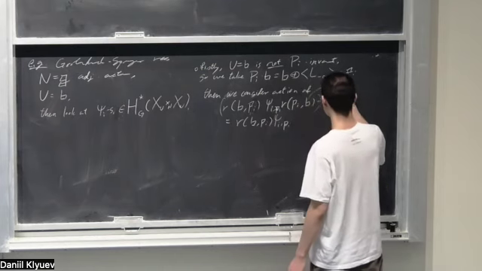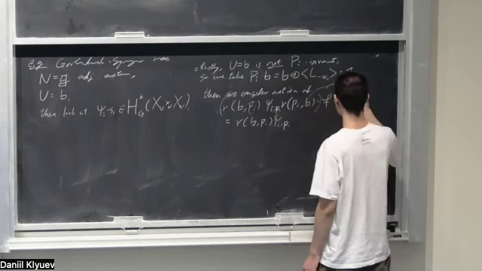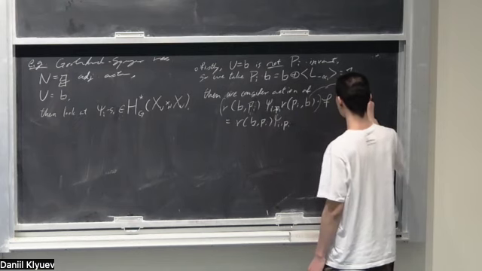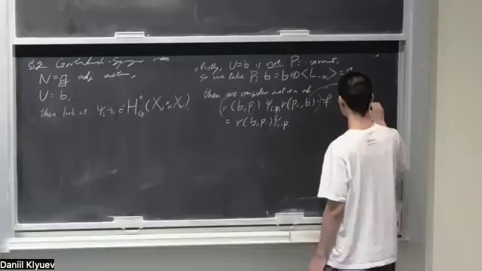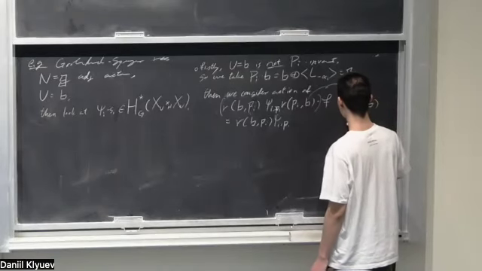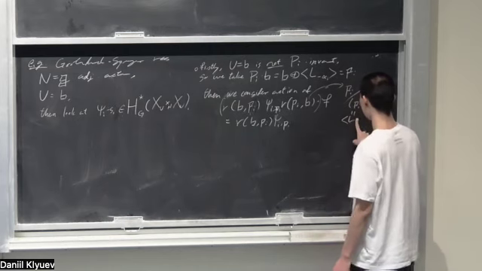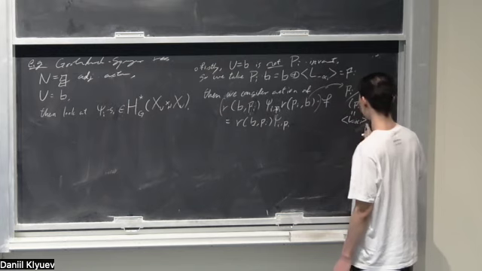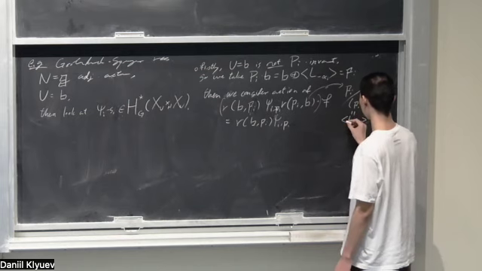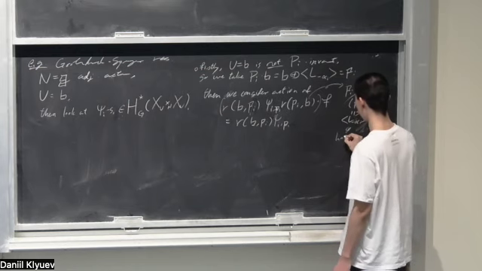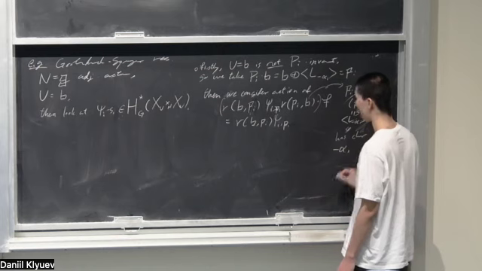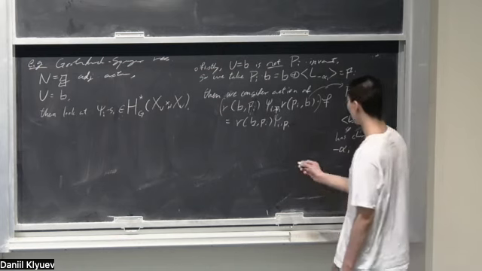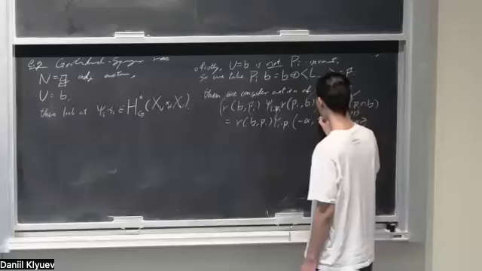Well, E_i mod E_i intersect B is just this subspace, and it has character negative alpha_i.